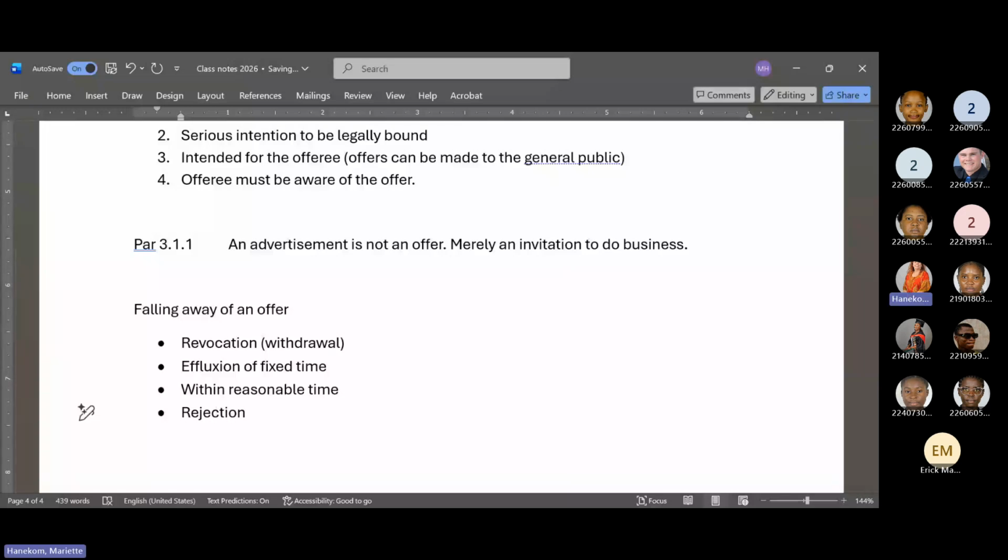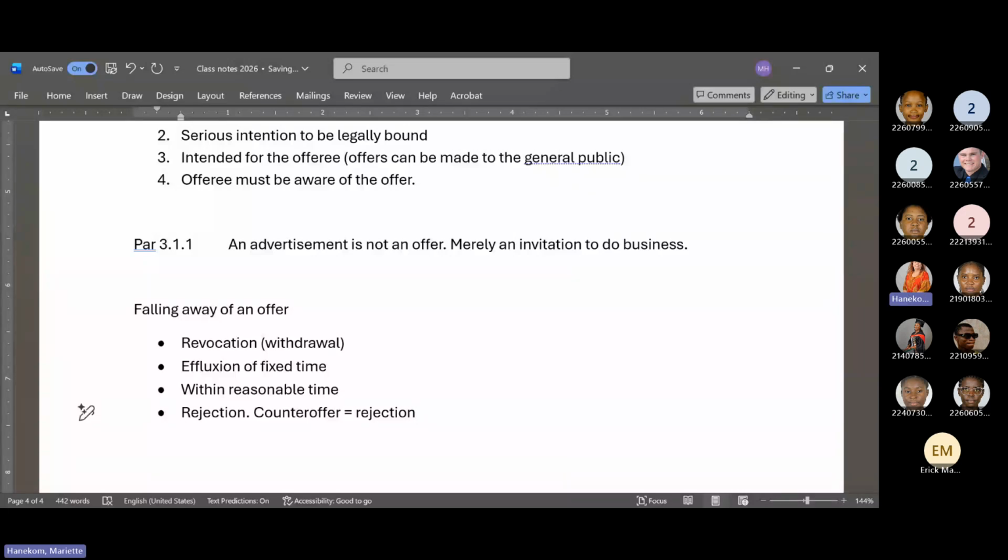The moment it has been rejected, the offer falls away. If you make a counter offer, that is seen as a rejection of the original offer. So I've offered my car for 300,000 and she says, no, I'll pay you 200,000.